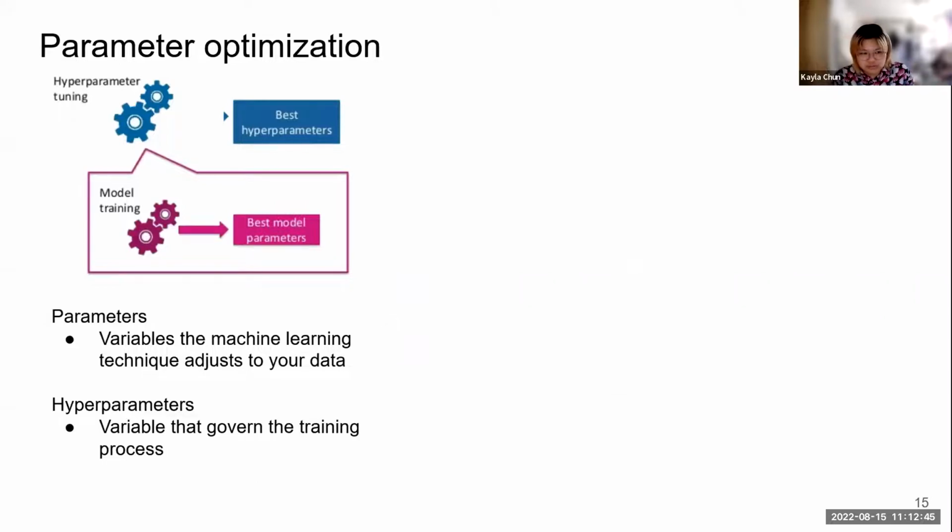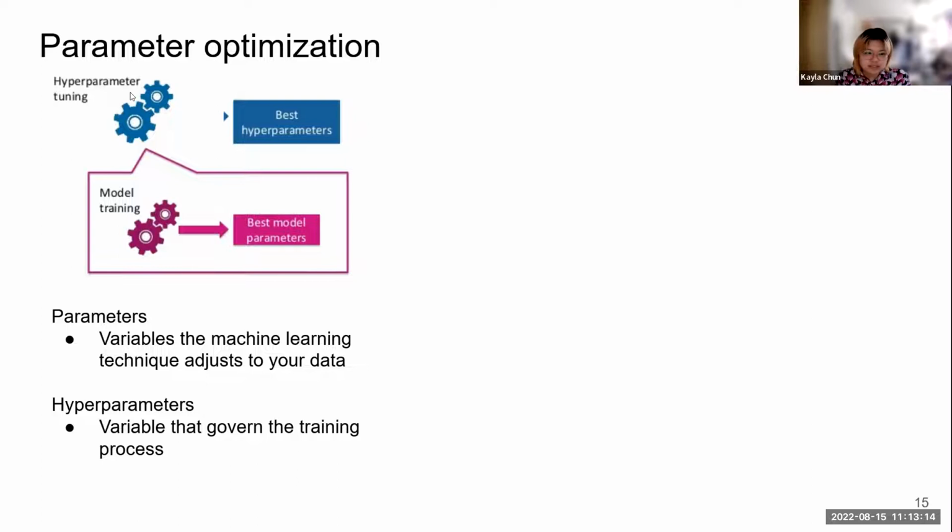Before we get into how to optimize our parameters, a little syntax thing. In machine learning, there are hyperparameters and parameters. Our parameters are the variables in our model that the machine will adjust itself when it's training on your data.